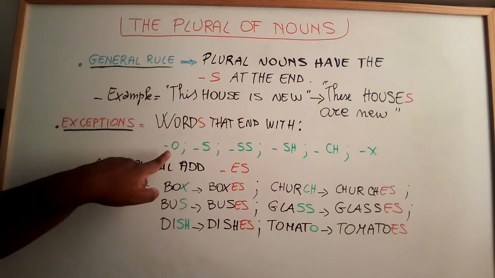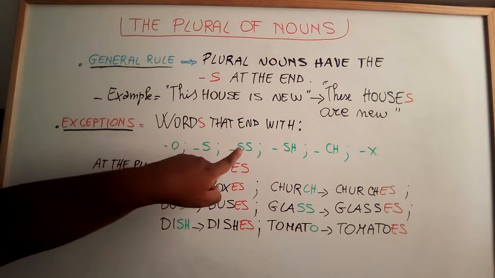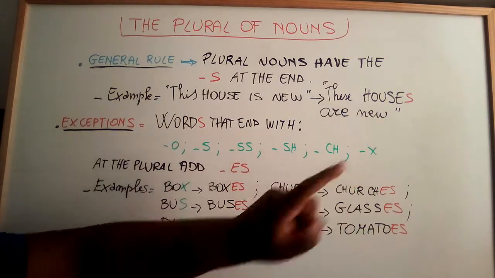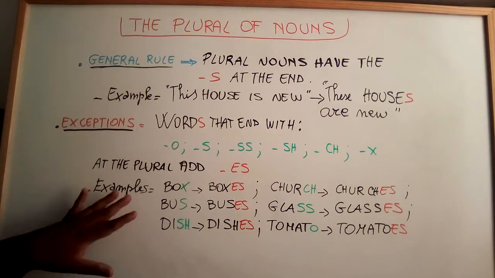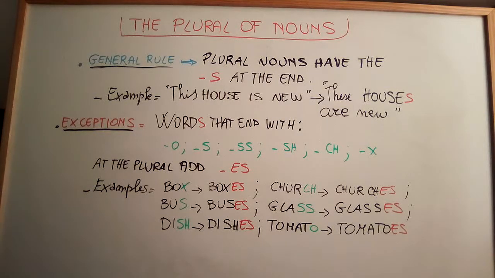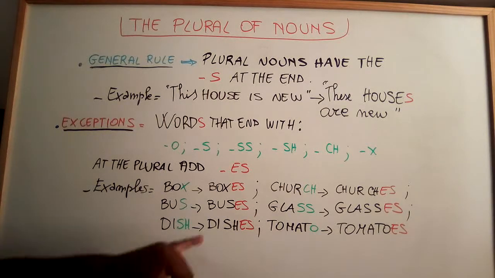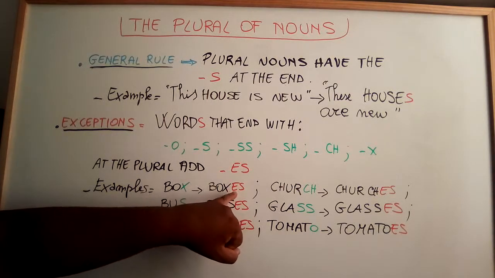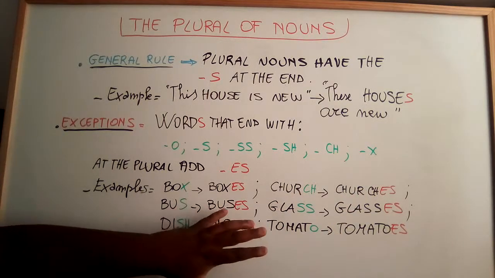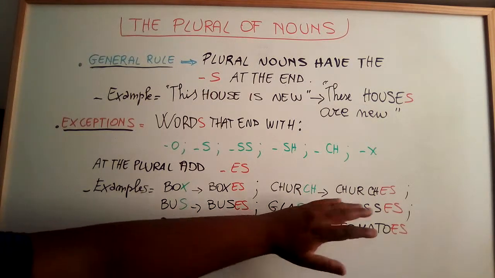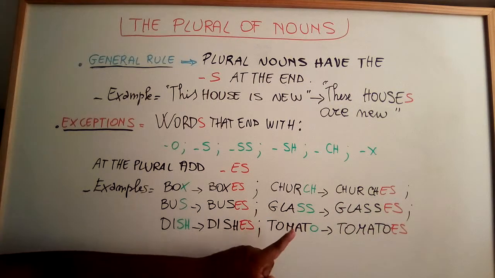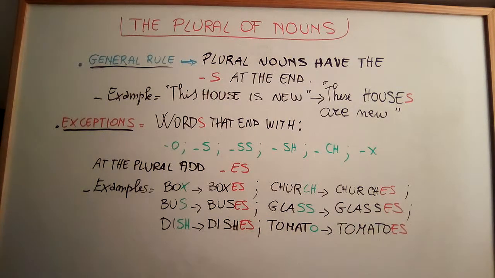So if a word ends with o, s, double s, sh, ch, x. Let's see the examples. Another plural noun examples. Box becomes boxes, church, churches, bus, buses, glass, glasses, dish, dishes, tomato, tomatoes.